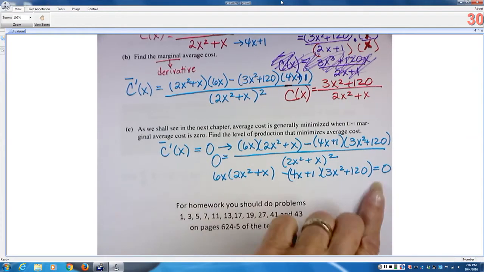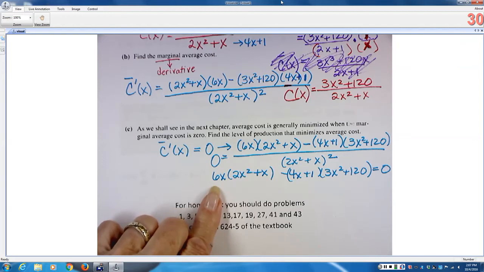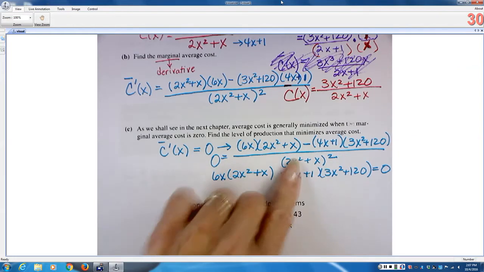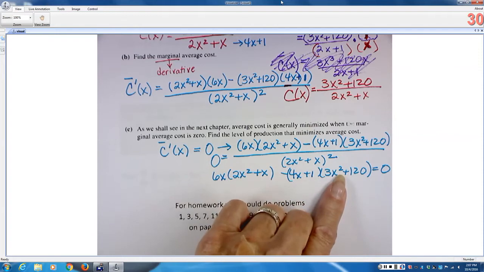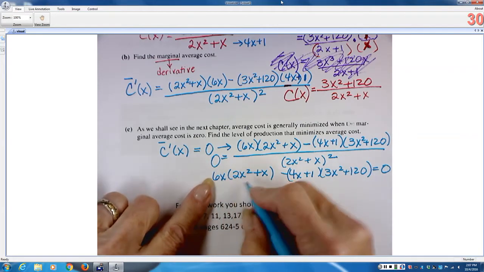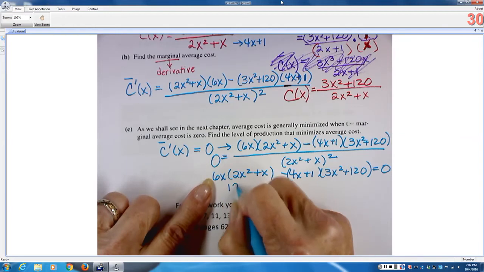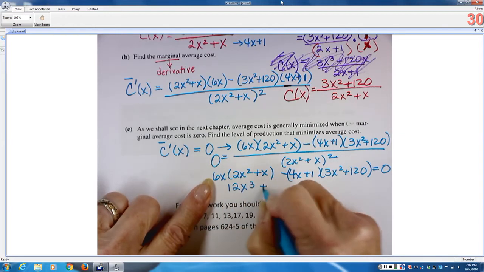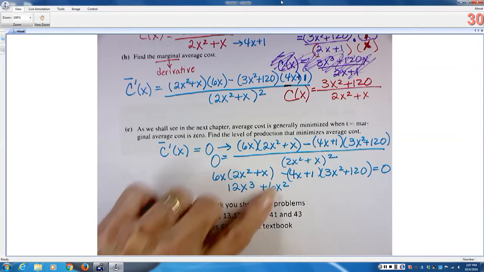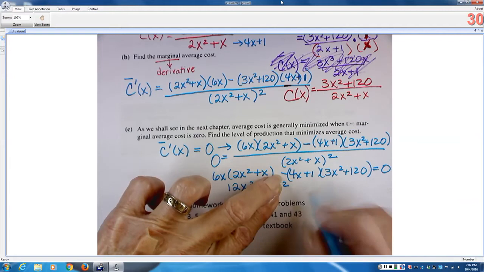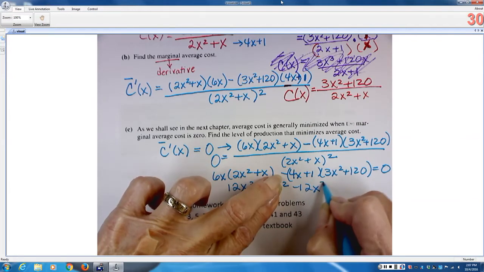And at this point, if I'm going to solve this algebraically, I'm going to have to simplify the numerator at least. I don't have to do anything about that denominator, but I would have to simplify the numerator to find where it's equal to 0. So 6x times 2x squared is 12x cubed plus 6x squared. Minus 4 times 3 is minus 12x cubed.